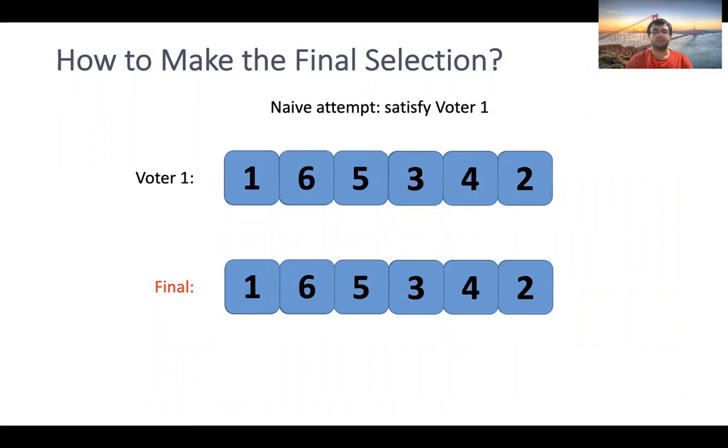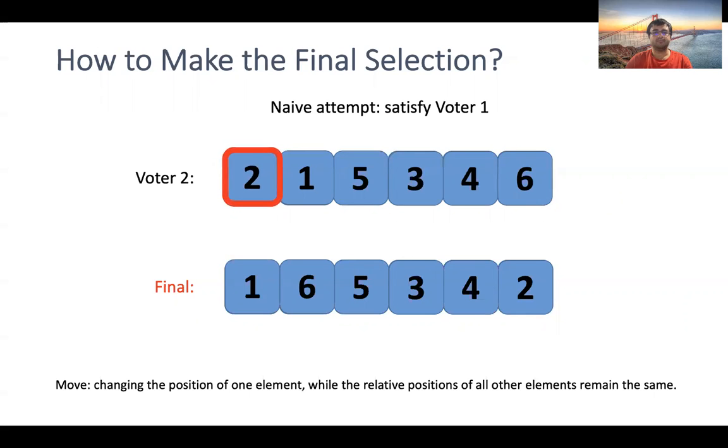What could be a naive attempt? We just pick some voter arbitrarily and copy their entire list. Without loss of generality, say this was voter 1. Although this will completely satisfy voter 1, this may cause problems to voter 2 and so on. For example, voter 2 had ranked candidate 2 very highly, while in the final list, candidate 2 is actually at the bottom. Voter 2 needs to pick candidate 2 and move it to the bottom.